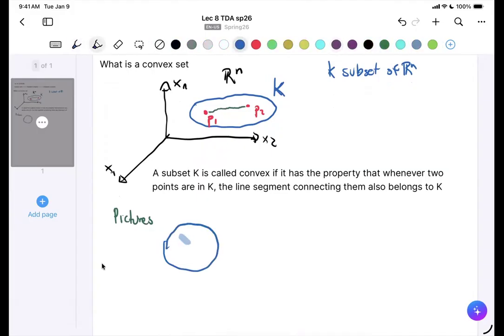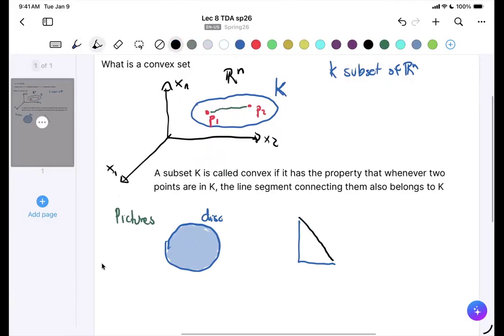Some of these proofs can get tedious if you want to show them, but visually it's plausible that the disk would be convex. So a disk would be convex. A triangle would also be convex. That would be useful because, in a sense, the simplices will be generalizations of a triangle, and I'll explain in what sense in a moment. But a triangle like this one would be convex.